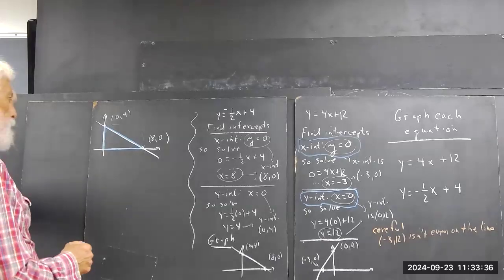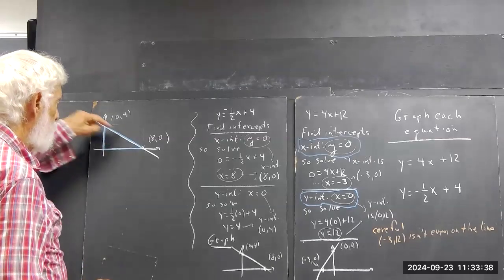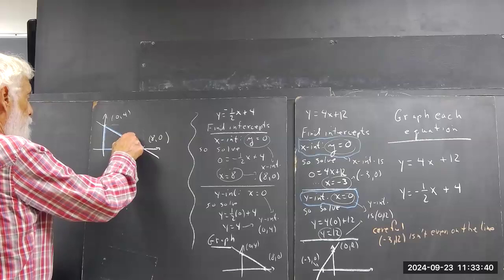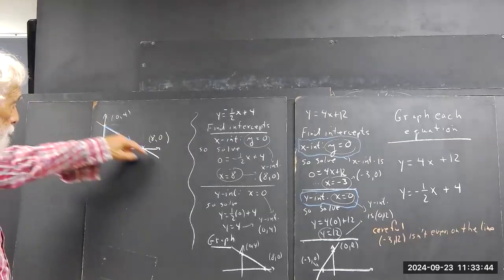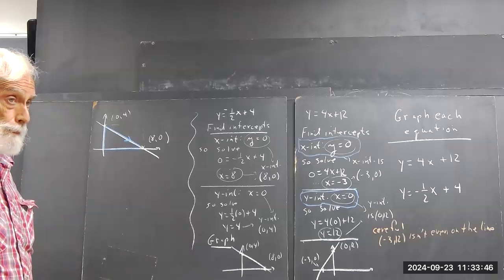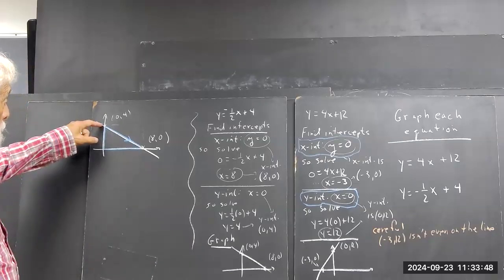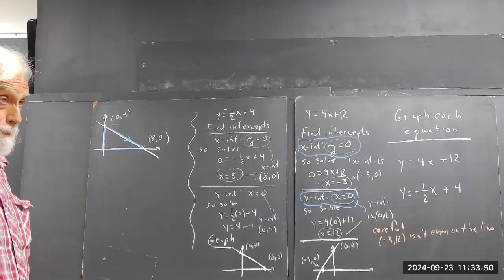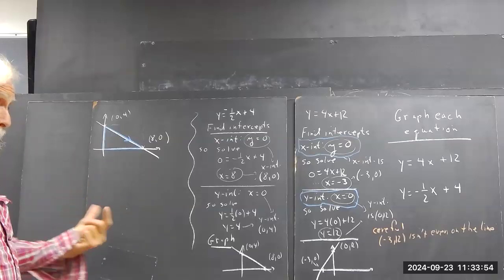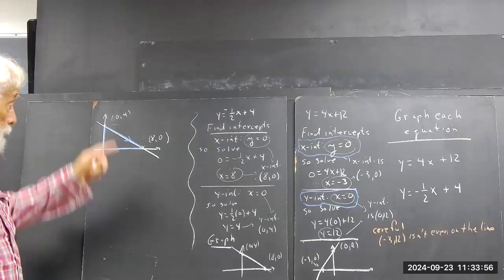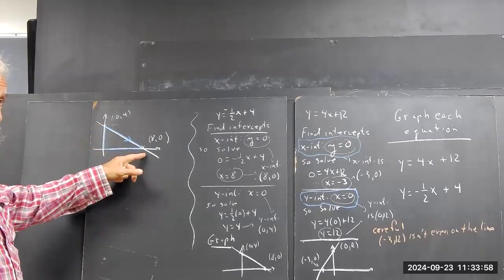Then I'm going to indicate a direction. Well, we're going to go from left to right, so I'm going to put an arrow here going from left to right. Now, that's one path from this point to this point. What's the other path that we can take along the sides of this triangle to get from this point to this point?